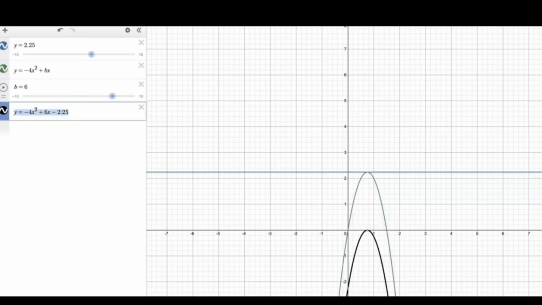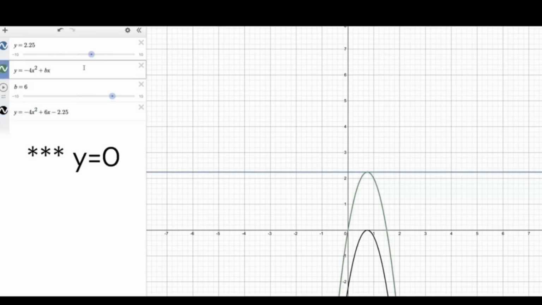But this equation right here is the exact same thing. The black one is the exact same thing as the green one, except that there was a different constant. There was no constant up here in the green one, whereas this one was just shifted down 2.25 units. So in reality, what we're doing is treating that y equals 2.25 line as y equals 0.